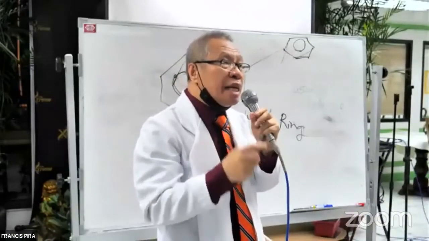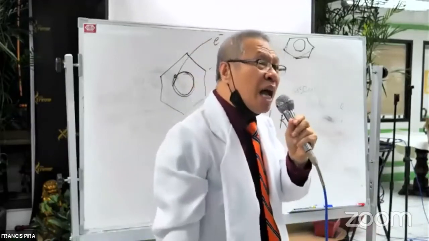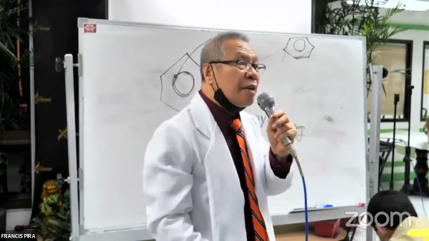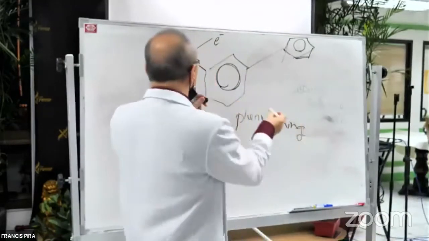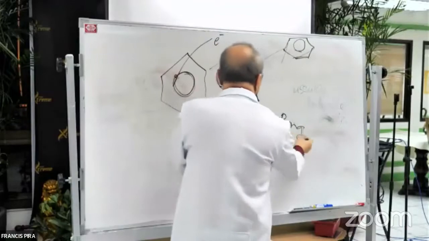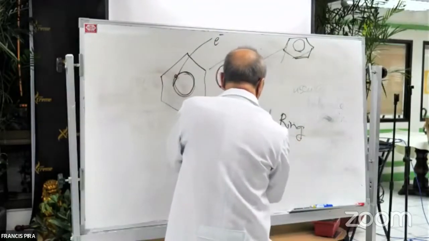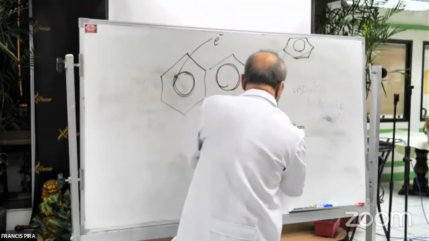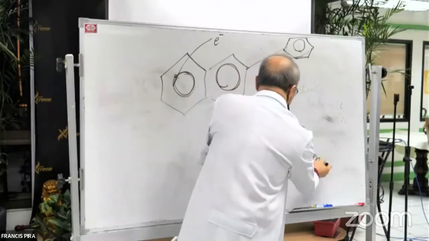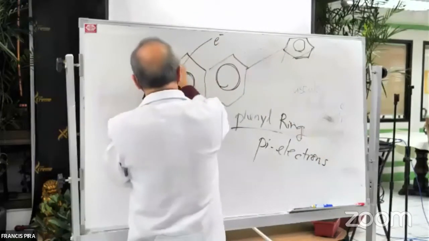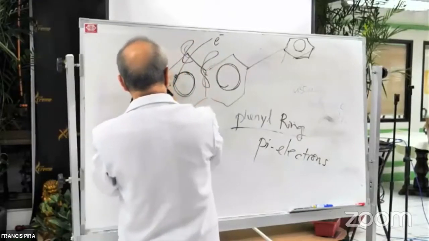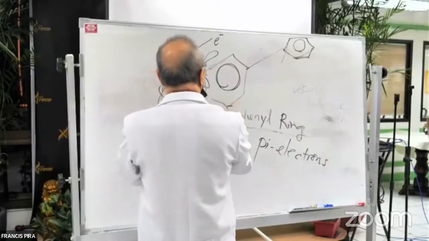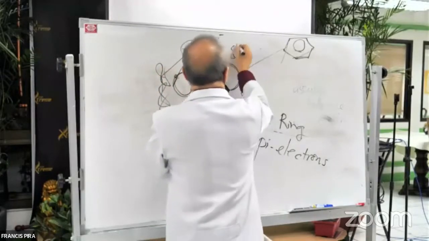The flavonol is a very, very strong antioxidant. Why is it so rich in antioxidant? Because it has a phenyl ring that has so many pi electrons. In here there are pi electrons circulating, pi electrons, pi electrons.